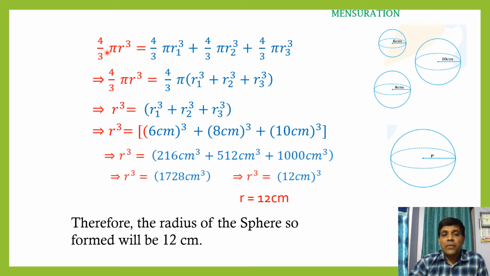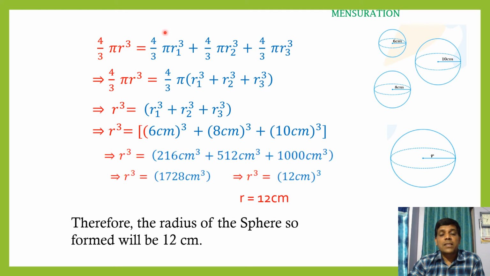So the volume of the resulting sphere equals 4/3 π r³. Here the volume of the resulting sphere, or new sphere, is equal to the sum of the volumes of the three small spheres.